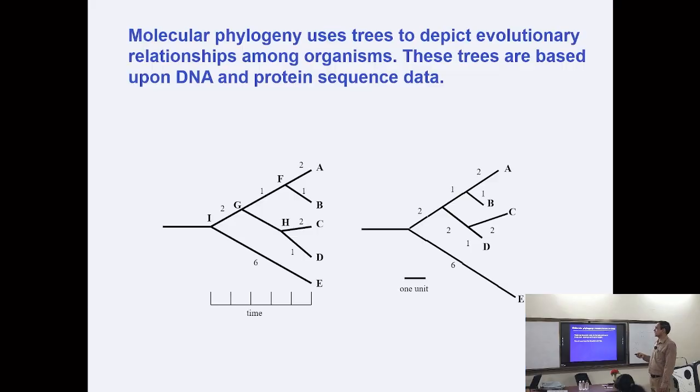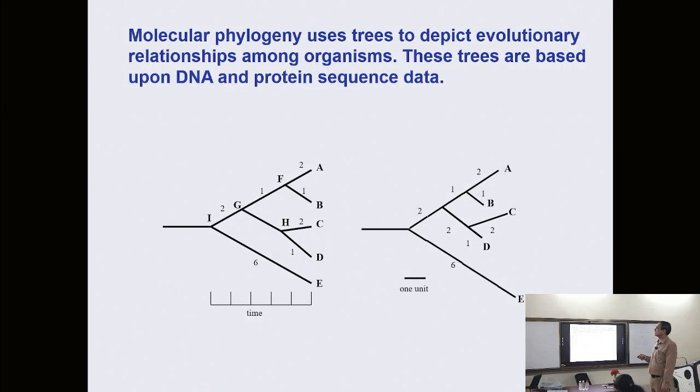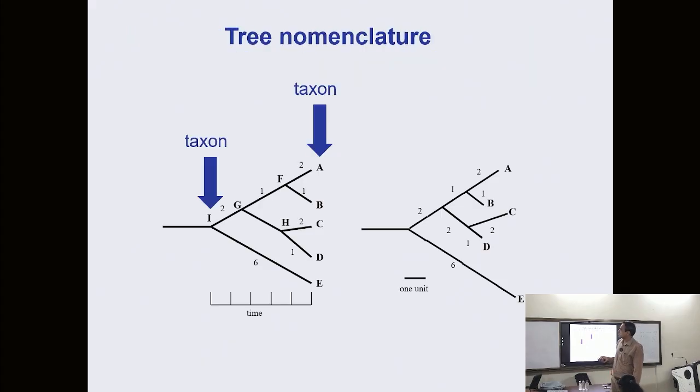So we will now describe the parts of a tree. Here are trees depicting evolutionary relationships among organisms. Trees could be based on nucleic acid data or protein data, okay. Okay, so let's get to the next. Trees have taxa actually. These are the leaf nodes, the descendants from ancestors.